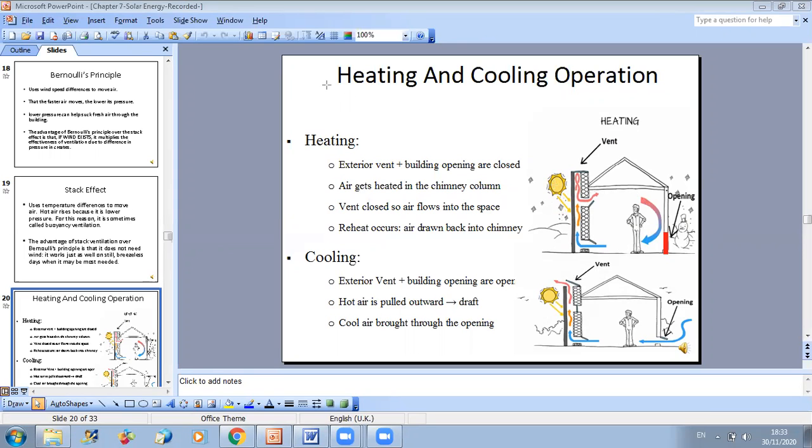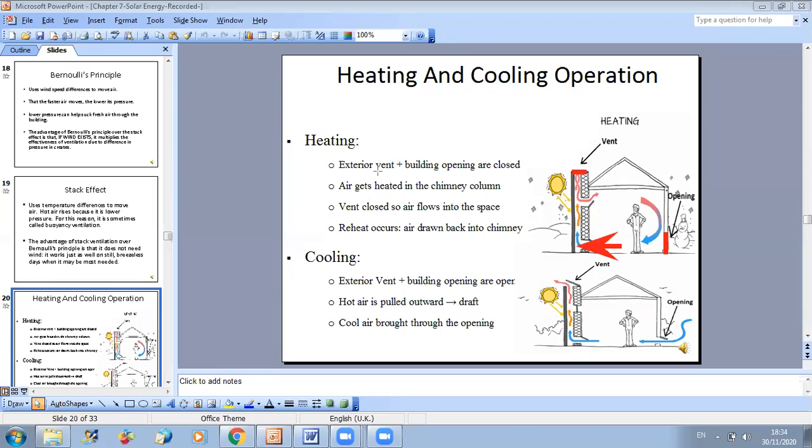Air will be drawn through this gap, and once it goes through this vent, it will be heated by the solar energy, and due to stack effect, it will rise upward due to decreased density, relying on buoyancy effect. Since you are closing all your external vents, it will circulate back into the house, and this will lead to a warming effect.